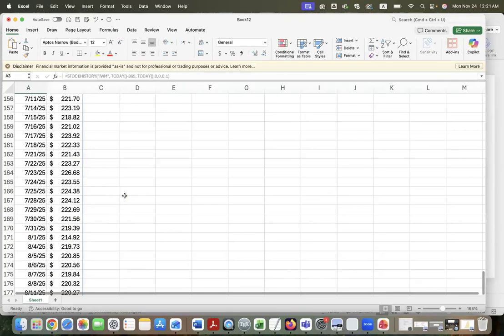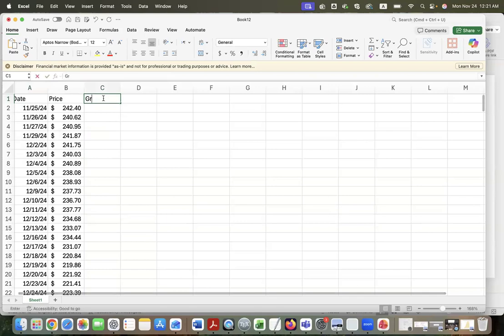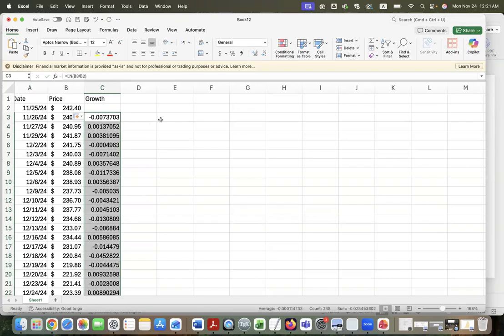First of all, let's calculate the growth. Growth can be calculated as equals ln, which is natural log, the second number divided by first number. And I can just do this.